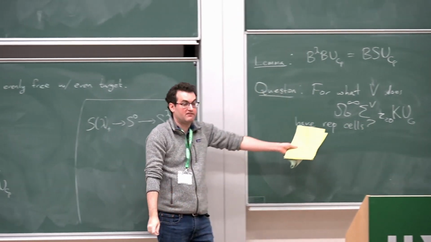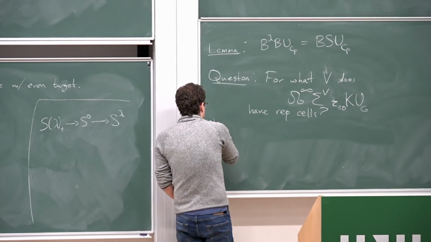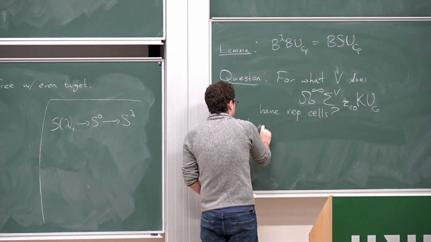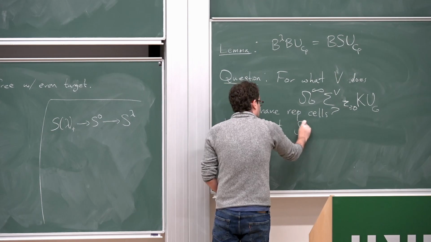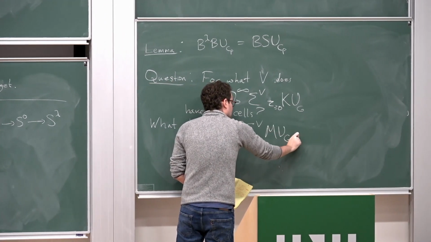This is maybe for compact abelian V. And then what about loops infinity suspension V and UG?